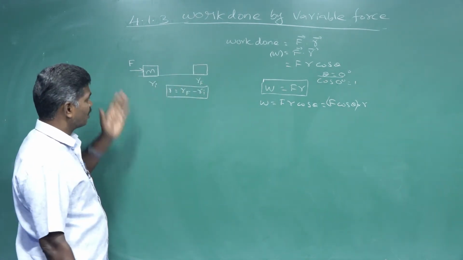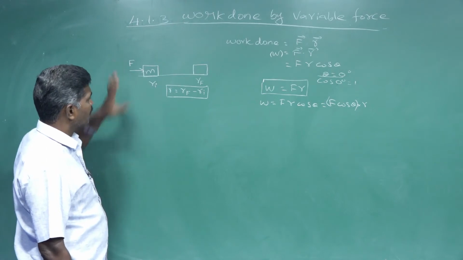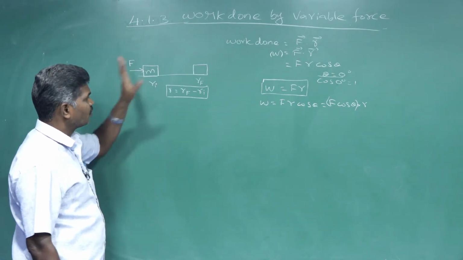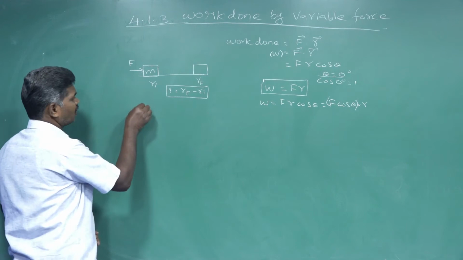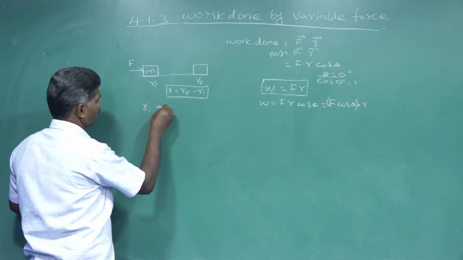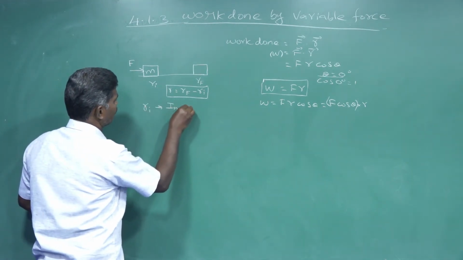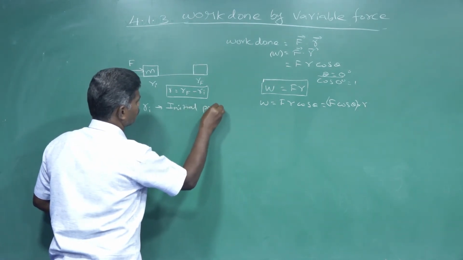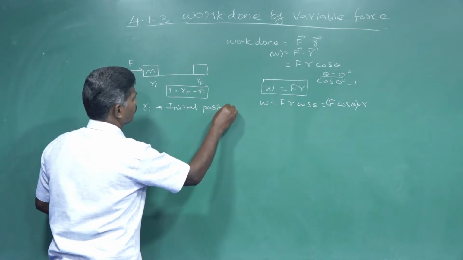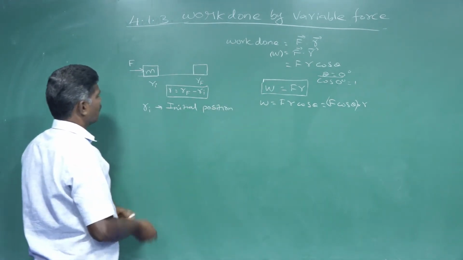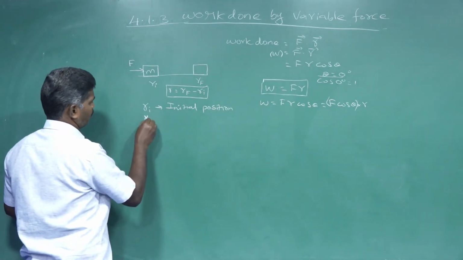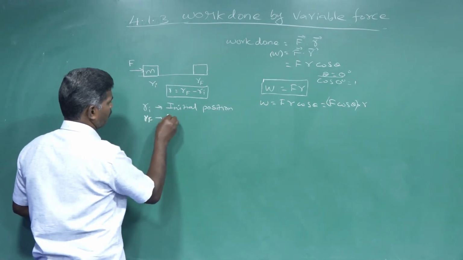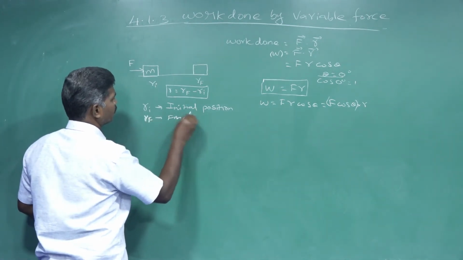We have represented that the initial position is Ri, and the final position is Rf. So we will write that Ri is the initial position. Rf is the final position.